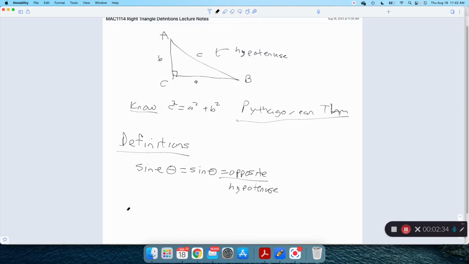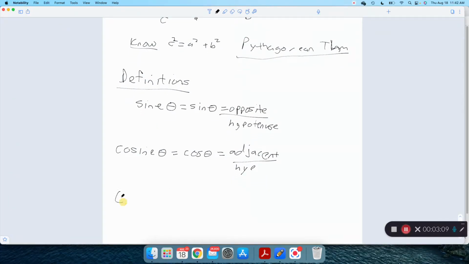We're going to define, so this is a definition, the cosine of some angle theta, which we abbreviate cos of theta, to be the length of the side adjacent divided by the length of the hypotenuse.